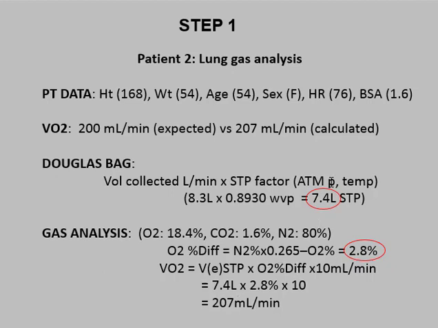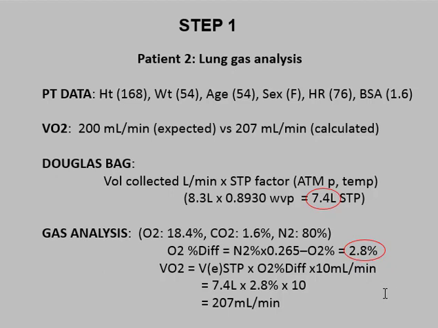That is simply these two figures, 7.4 times 2.8. Volume exhaled or expired at standard temperature and pressure is 7.4. The O2% difference is 2.8. And we have a unit compensation factor of 10 to give us our final value.